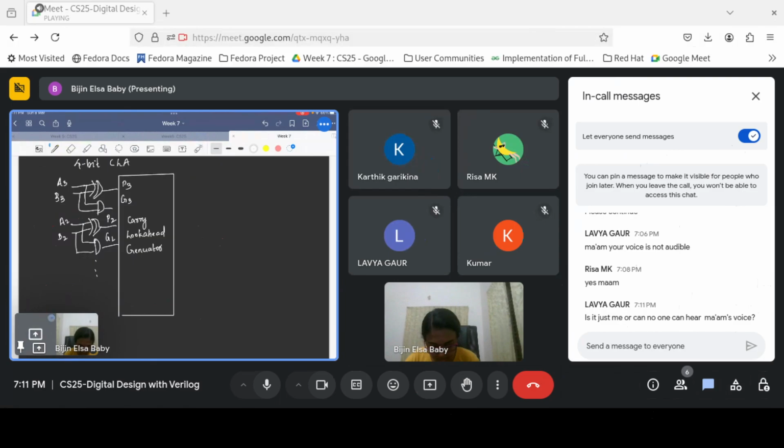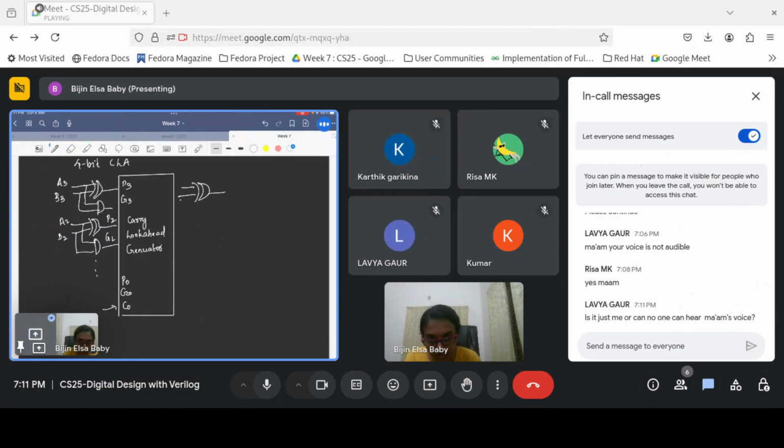Similarly, P0, G0, and you will have an input carry C0. Once you generate the carry on the output side, you will also have one XOR gate for each bit.